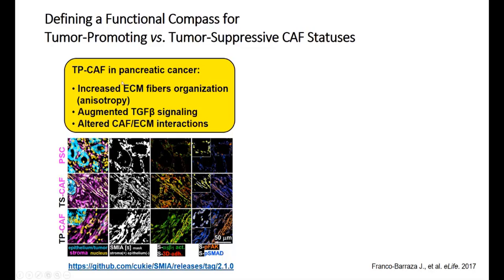At that time, we already understood that the tumor microenvironment of pancreatic cancer had an increased organization of the ECM fibers, also called anisotropy. We detected augmented TGF-beta signaling in the fibroblasts of these environments. We also found particular CAF extracellular matrix interactions, these structures that were having a particular signature.